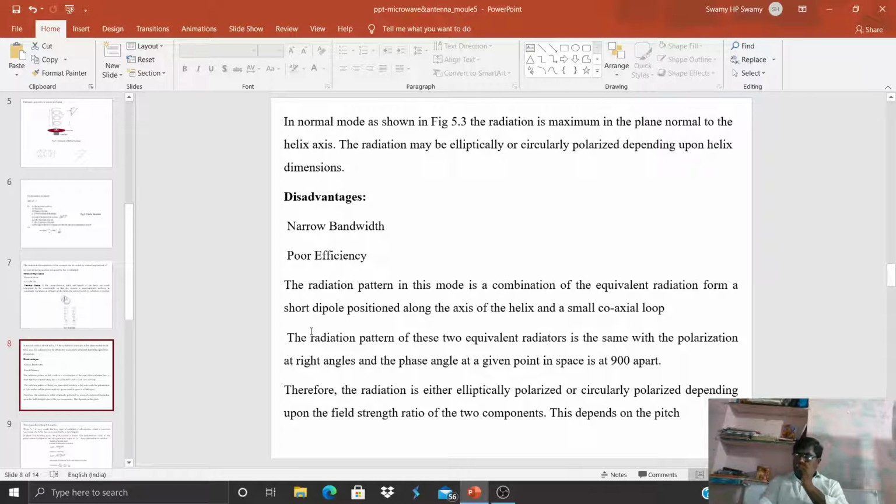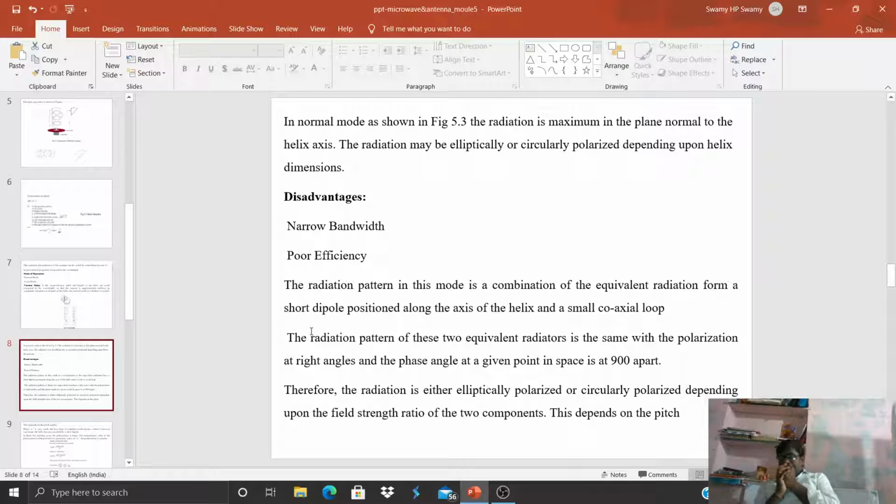The radiation pattern in this mode is a combination of the equivalent radiation from a short dipole positioned along the axis of the helix and a small coaxial loop.